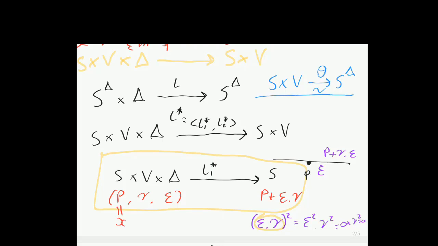And then by the properties of exponential objects, we can rewrite this map as this map from S times V times delta to S. And in fact, that's exactly what L1 star is.